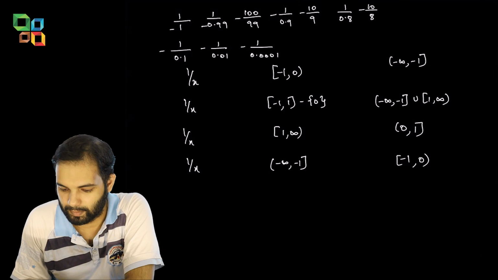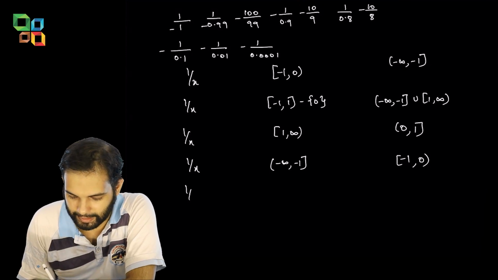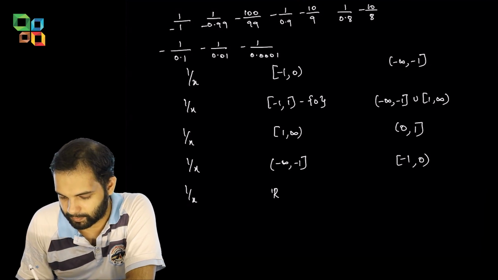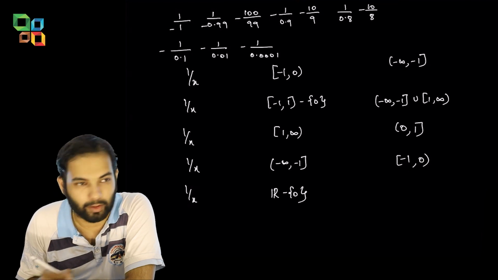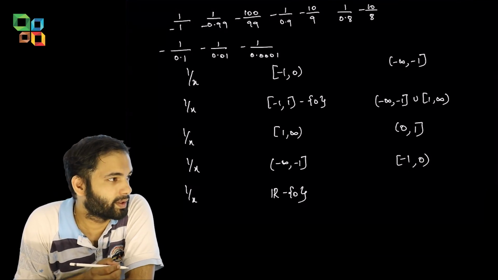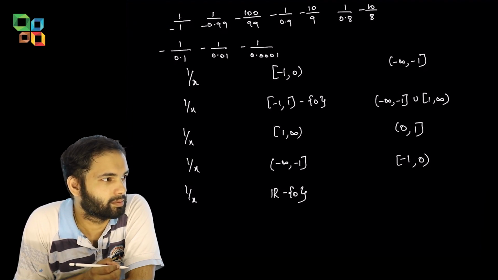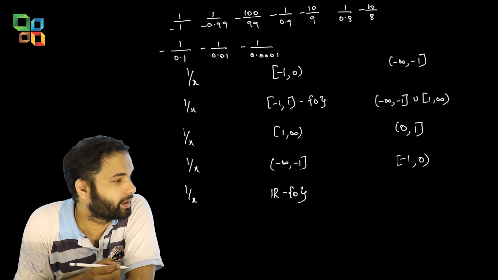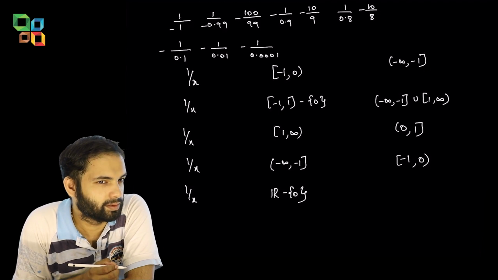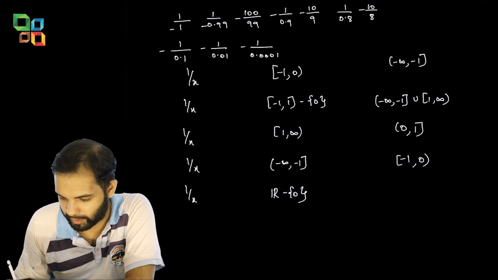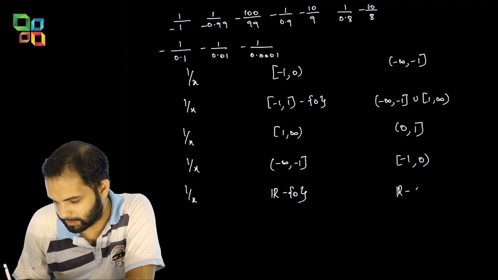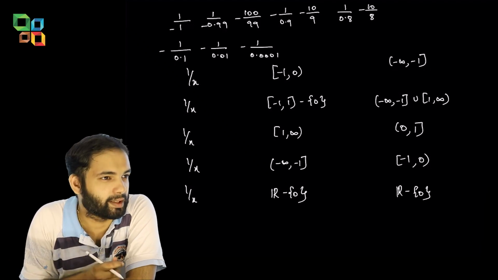Now, in general, if I say the set of all real numbers, again, it's not defined at 0. What is the range? Minus infinity to positive infinity. All the numbers? Sure. It's all the numbers except 0 again. We discussed this, right?